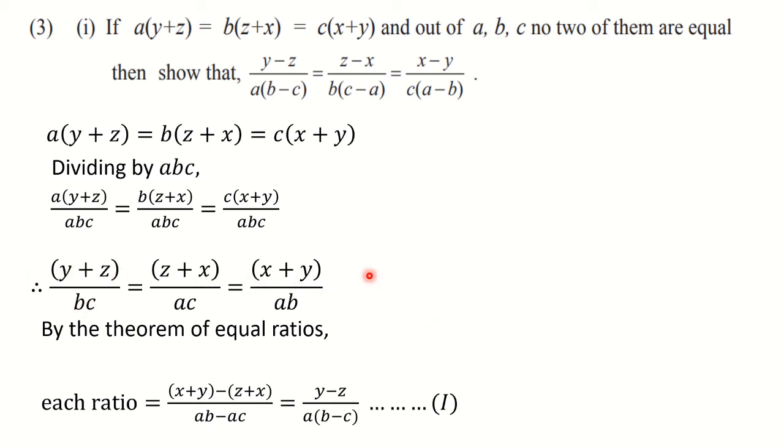First, copy down up to the first one, then I will go to the second one. Writing this statement is compulsory. It is the reason for the step which you are performing here.